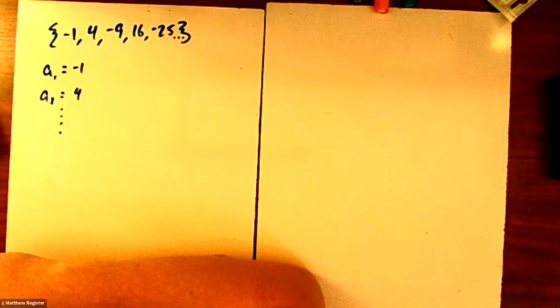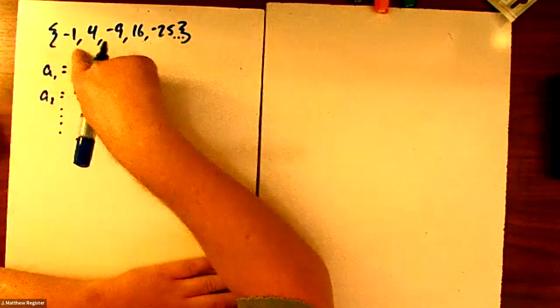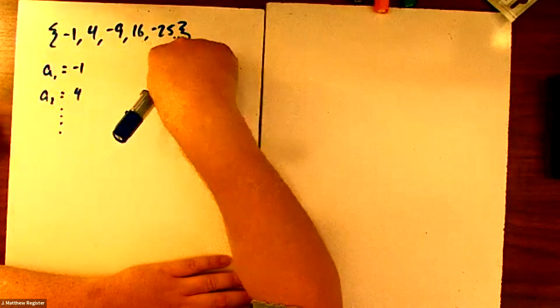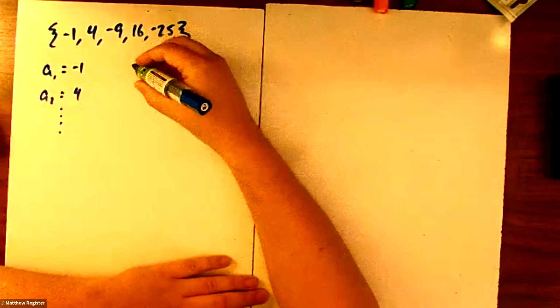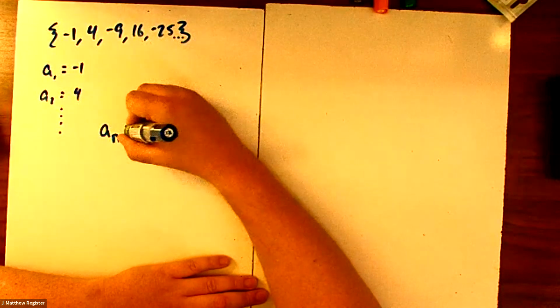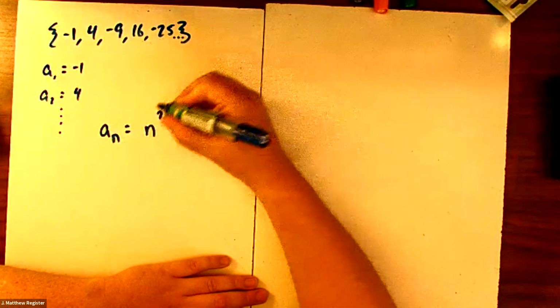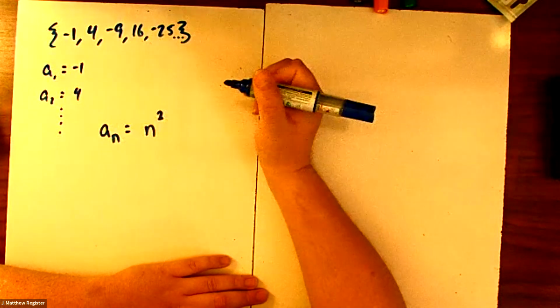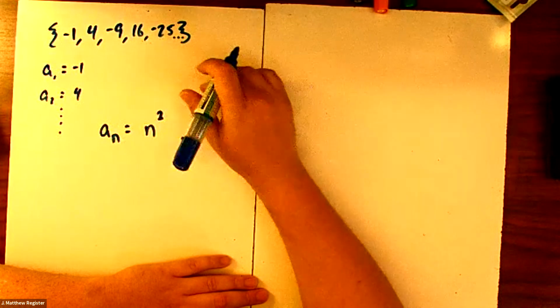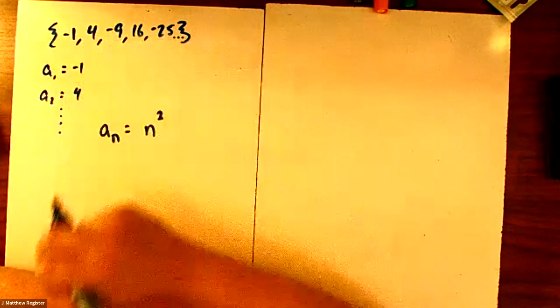And hopefully you can all recognize that this is a squaring pattern. 1 squared, 2 squared, 3 squared, 4 squared, 5 squared. And so we could say that a sub n is equal to n squared. And that'll get us the number part. But in order to figure out the sign, notice it goes negative, positive, negative, positive.